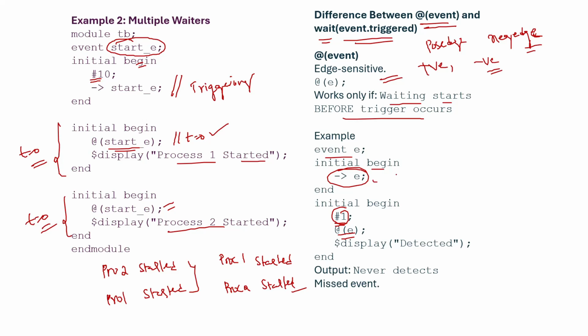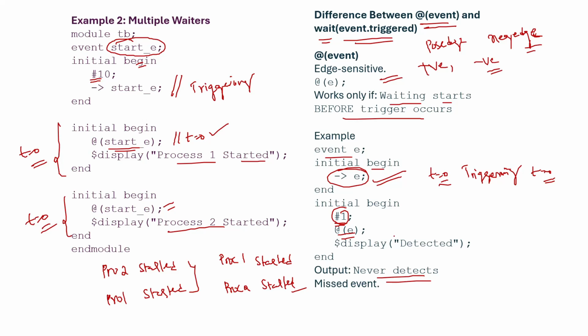Because the event happened at t equal to 0 only. Triggering happened at t equal to 0 only. But I'm starting waiting after the event triggered. Then I'm never going to detect my event. Then there is a chance of, not a chance, missing the event. Okay.